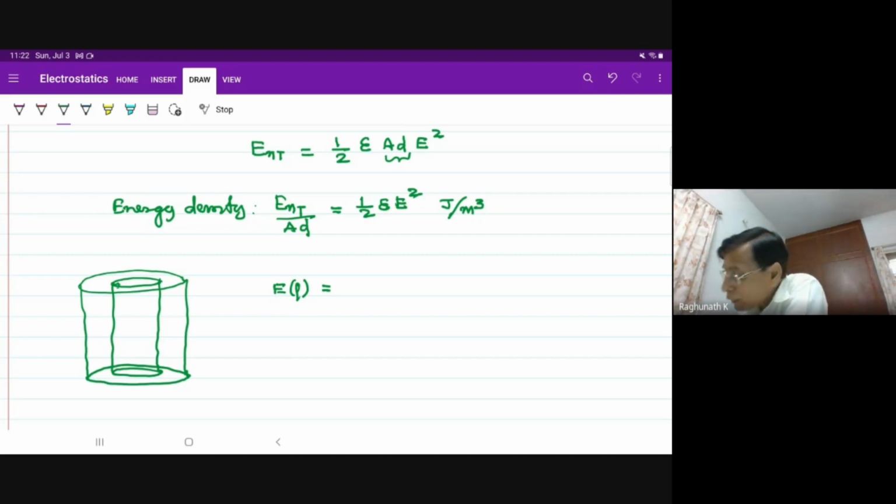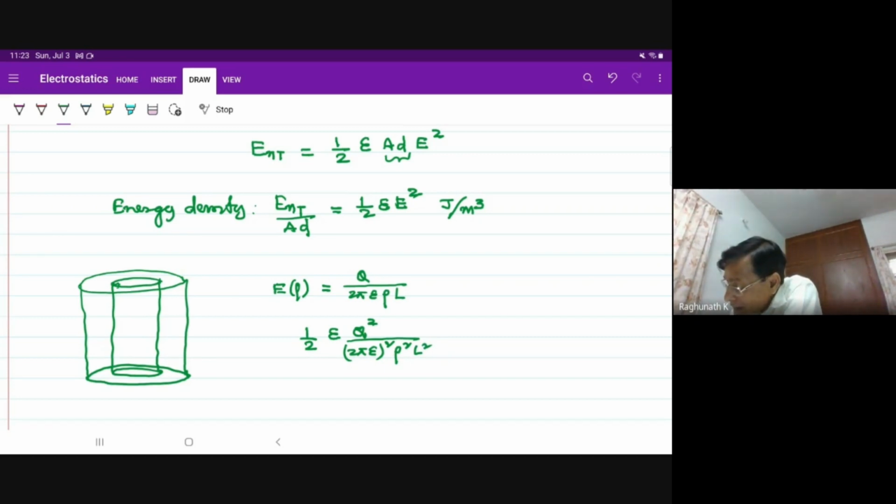E as a function of rho is Q by 2 pi epsilon rho L, in the rho direction. Energy stored per unit volume is half epsilon Q squared by 2 pi epsilon whole squared rho squared L squared.